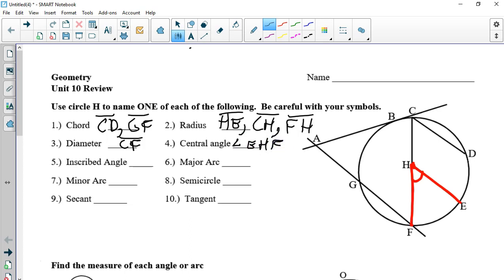Alright? Now an inscribed angle. Remember, an inscribed angle has its endpoint on the circle. So, for example, DCF is an inscribed angle. So I'm going to go smaller.